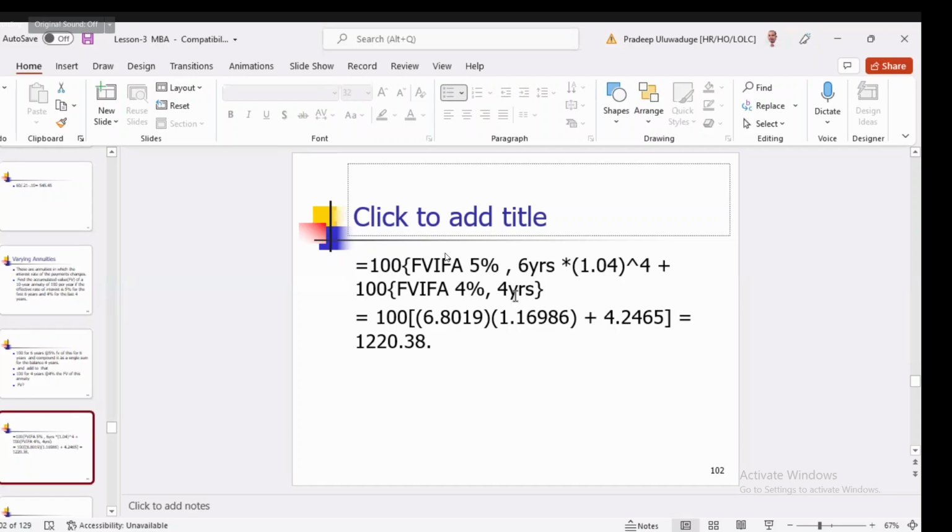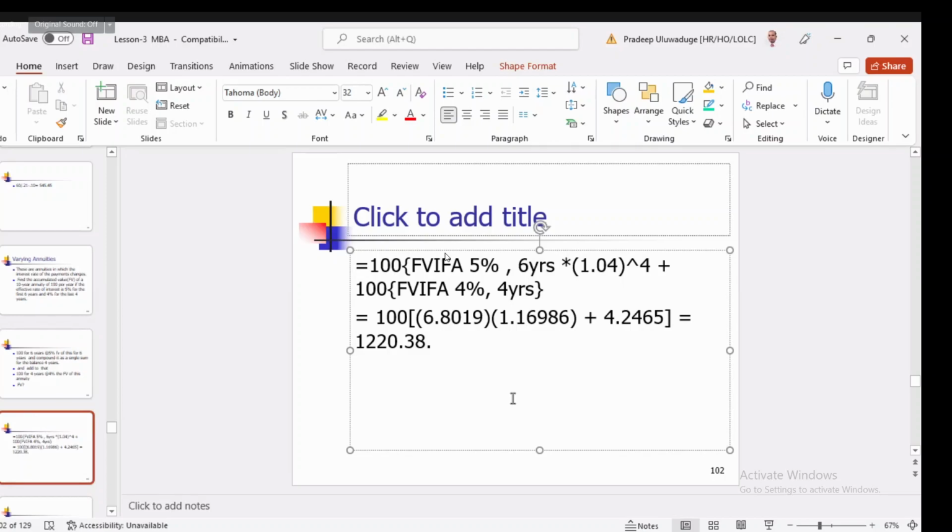Did you get it? Future value interest factor annuity at 5% for 6 years, multiplied by 100, you get the future value at the end of the sixth year. And that will be compounded at 4% for 4 years to get the value at the 10th year.